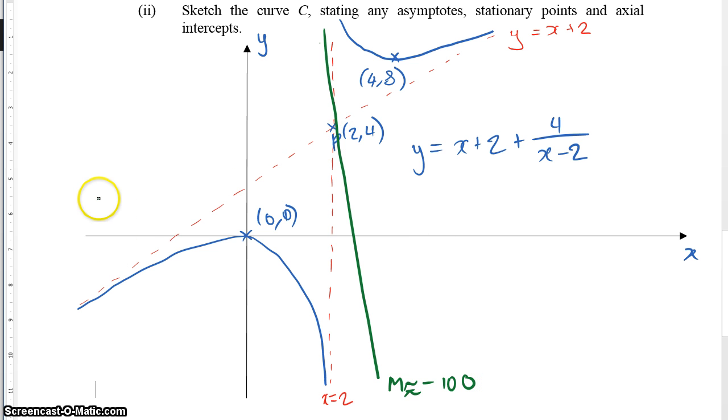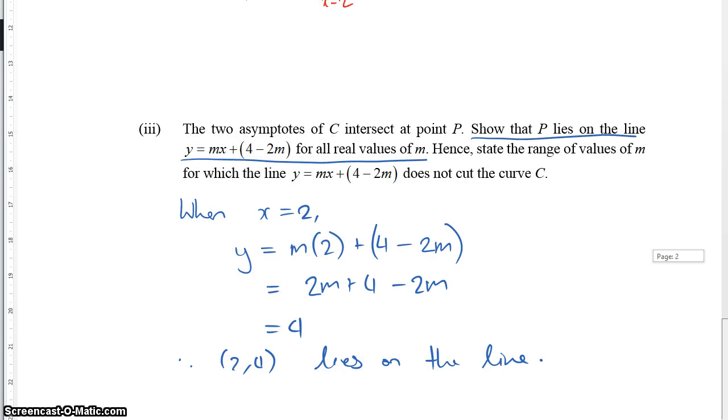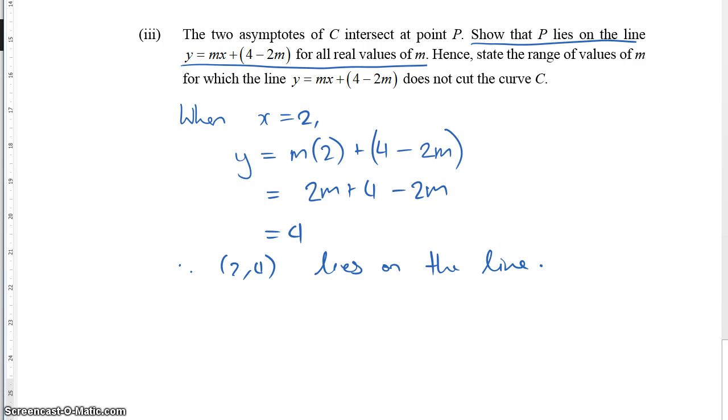If m is equal to a half, that's also fine. It's just if m crosses this line, the asymptote. As long as it's still on the asymptote, that's fine. It's just if it gets more steep, that's where we cause problems. And this asymptote has a gradient of 1. So my final answer should be, I want values of m where m is less than or equal to 1.